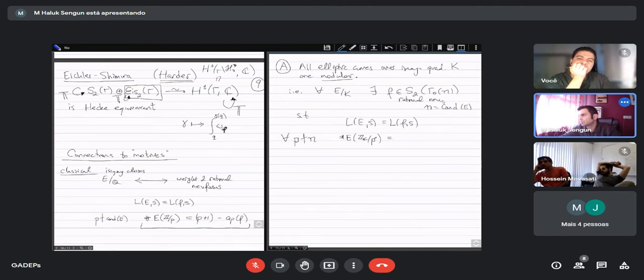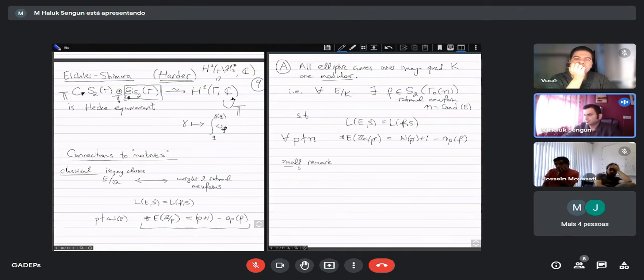F is a rational newform, meaning a Hecke eigenform with integer Hecke eigenvalues, and the count is the norm of the prime ideal plus 1 minus the integer Hecke eigenvalue of F at P.